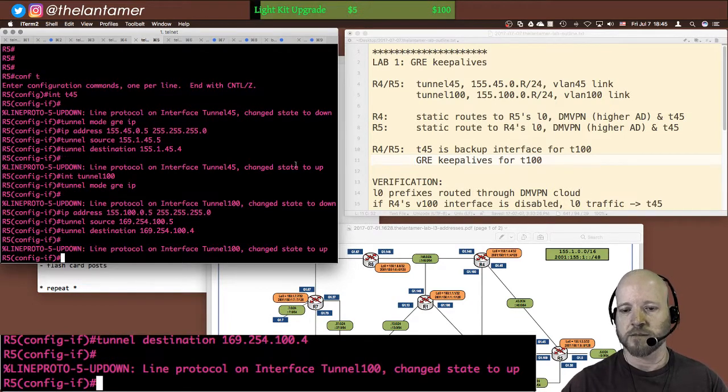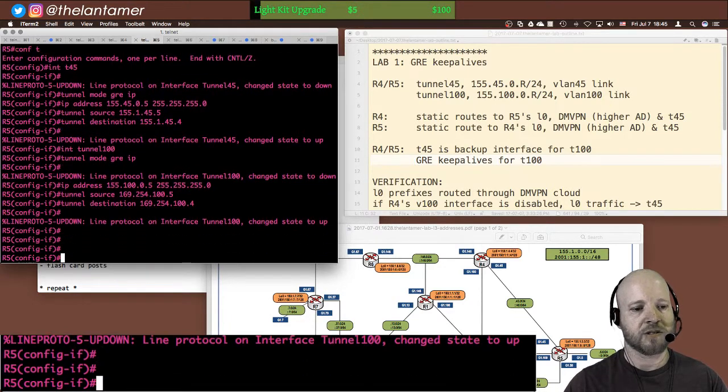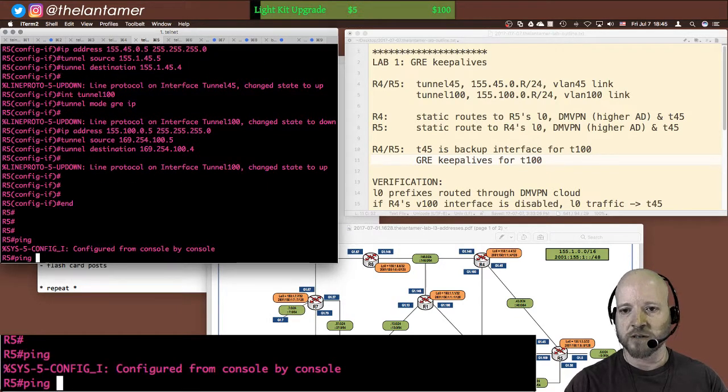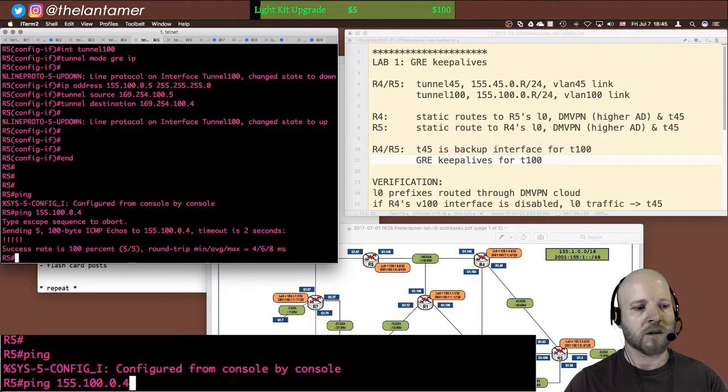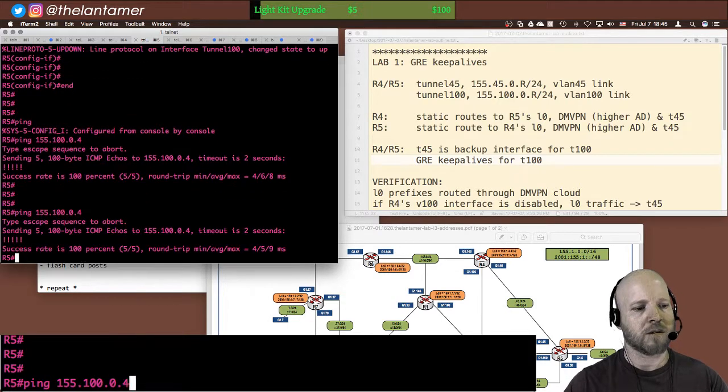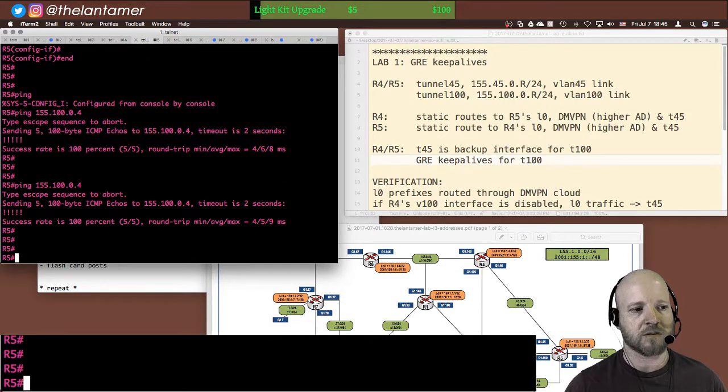All right, and that should be up as well. Let's see if I can ping the other tunnel interface, 155.100.0.4, and I can. And what's the other one? Ping 155.100.0.4. Yeah, so we can ping across the tunnels, or through the tunnels, I should say.